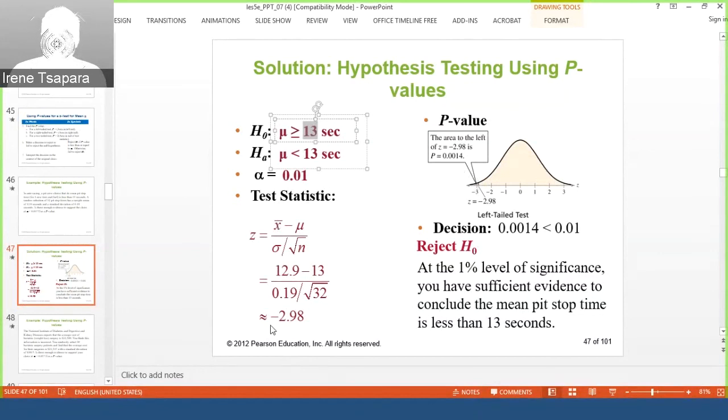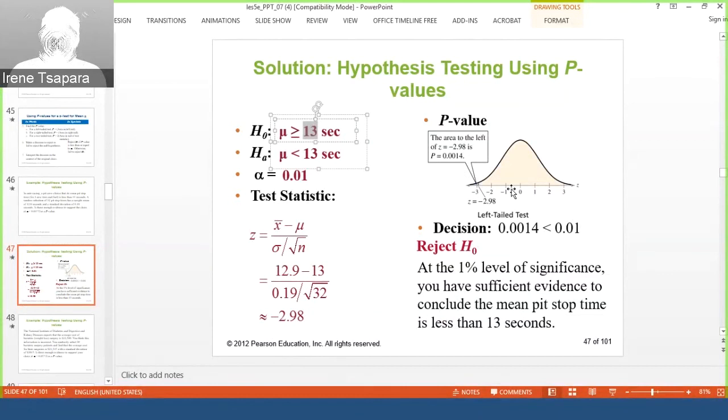If the negative 2.98 is not in the blue area, then it's going to be in the pink area. So it's not going to be in the rejection area, and we will fail to reject. So depending on where the negative 2.98 is, in the blue area or in the pink area, we either reject or not reject the H0, the null hypothesis.